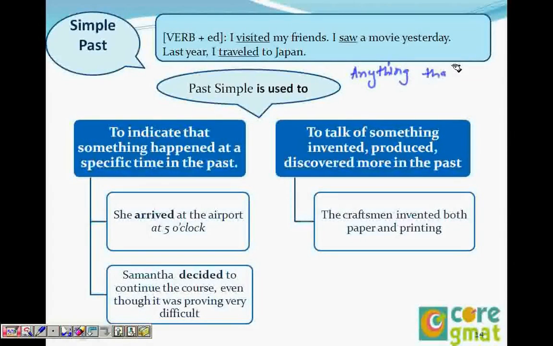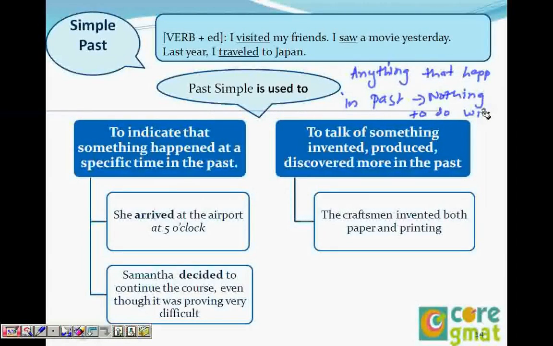And it is used to indicate that something happened at a specific time in the past.